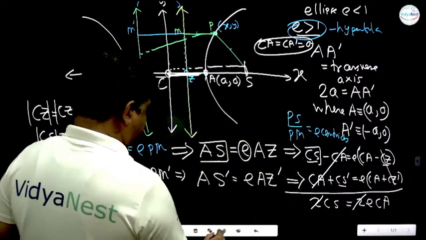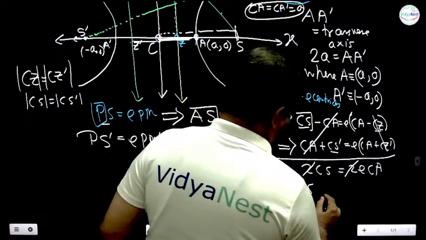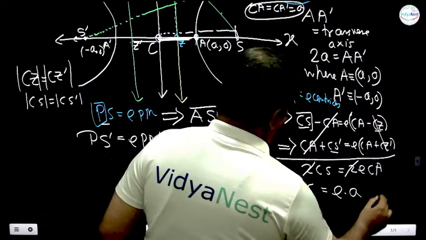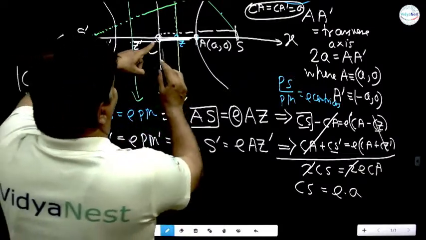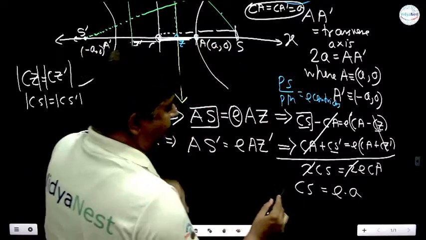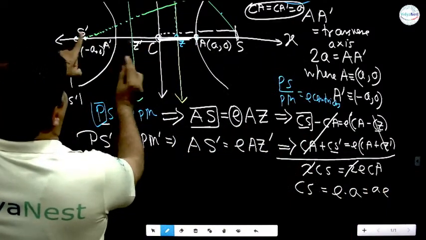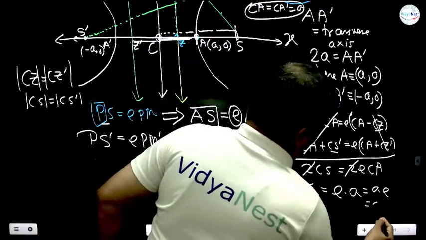So CS is equal to E into A. CS length I have got AE. Therefore CS dash is also AE.